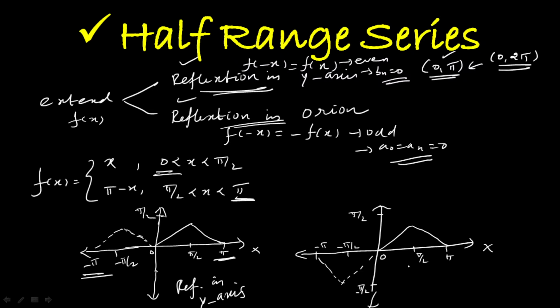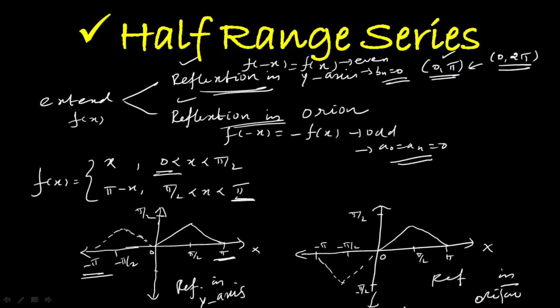If you extend the same function by reflection in the origin, you get a graph like this. So this is the reflection in origin. So the extension of the function can be done in two ways.